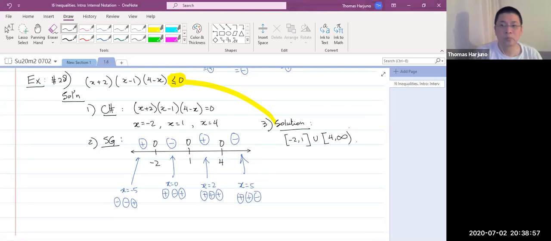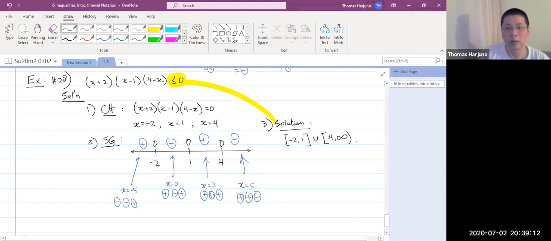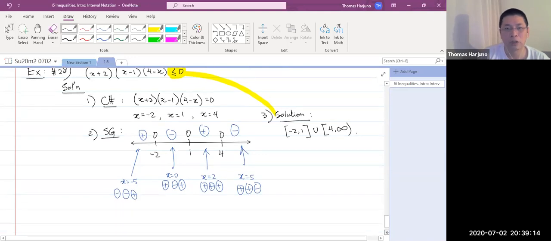Okay. Now, I will apply the same idea now to rational inequality. I will apply the same idea now, exactly the same idea, to rational inequality.